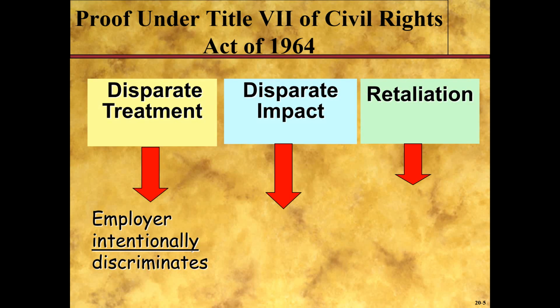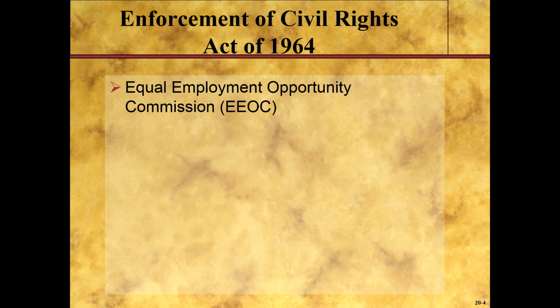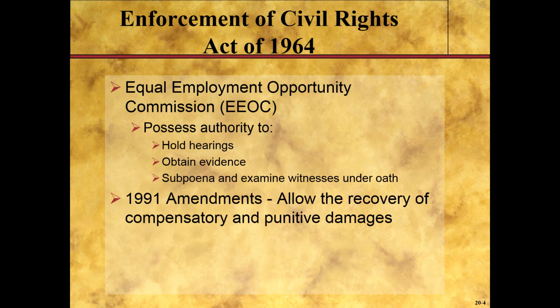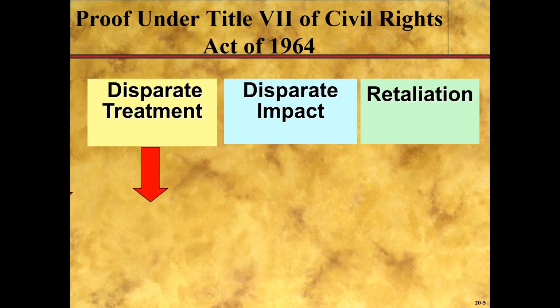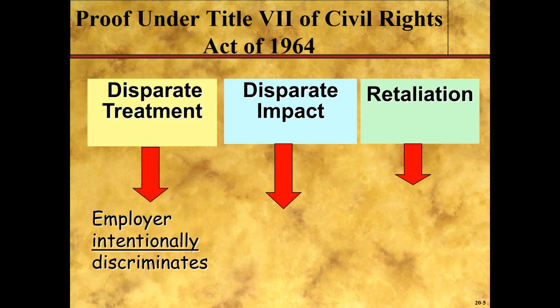So if you apply to be an attorney in my law firm and I say, no, I'm sorry, I only hire women, and you happen to be a male, that would be intentional discrimination against you based on your sex. If my law firm has 15 or more employees, that could be employment discrimination under Title VII.